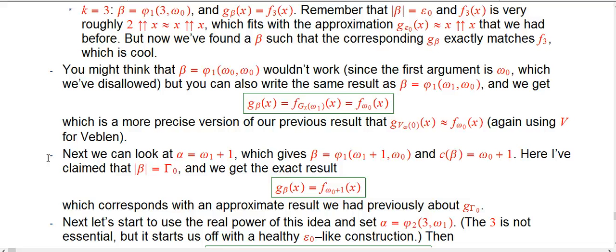In order to create this beta such that the g strength of that was equivalent to f of just one more than omega naught, what did we have to do? We had to put in omega 1 plus 1 into this control argument. And what did that do? That meant iterate the phi1 with omega 1 argument many, many times. And that's what just blew up the strength of this ordinal to gamma naught.